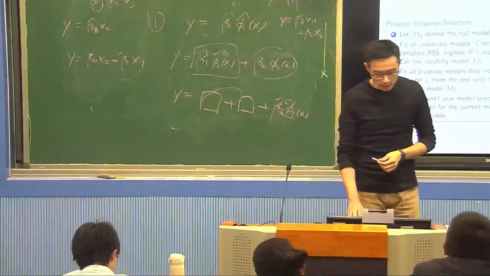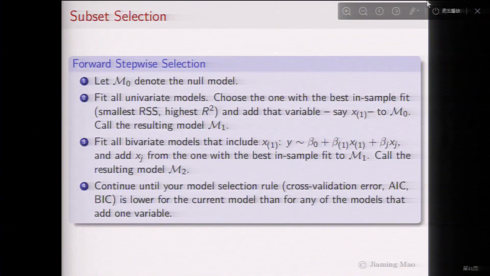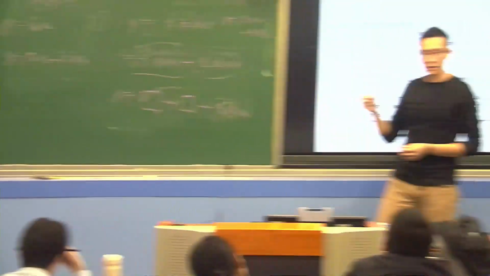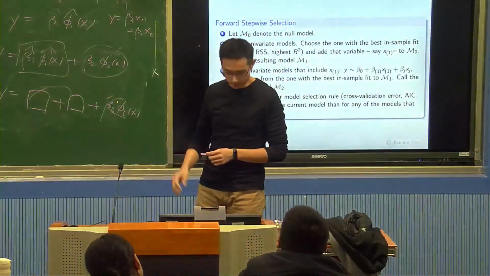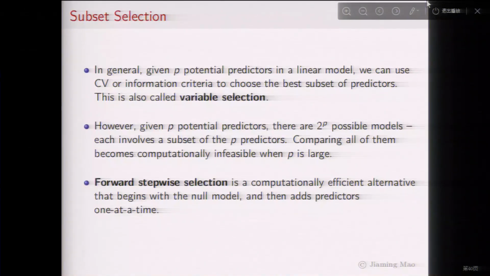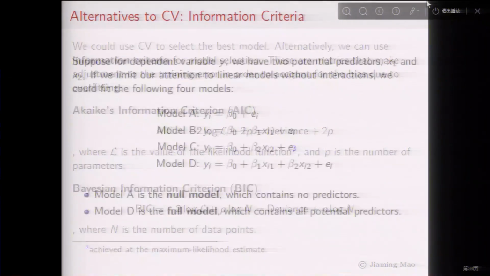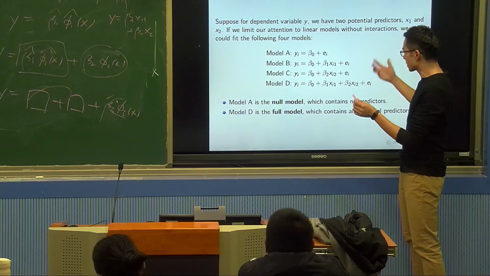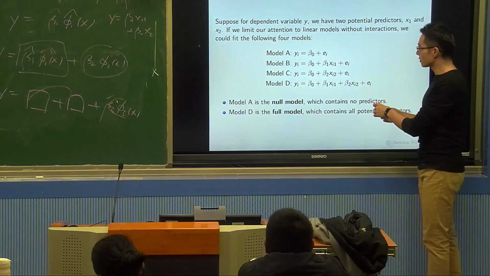The other thing I mentioned, when I talked about forward stepwise selection, I said, why do we need to do forward stepwise? Remember, if I have these 4 models and I want to select which one is the best, why do I even do forward stepwise?